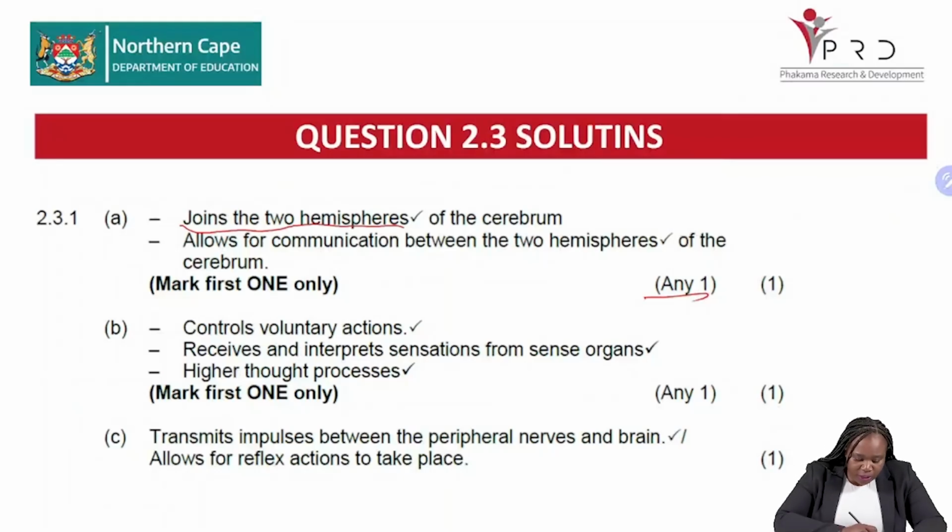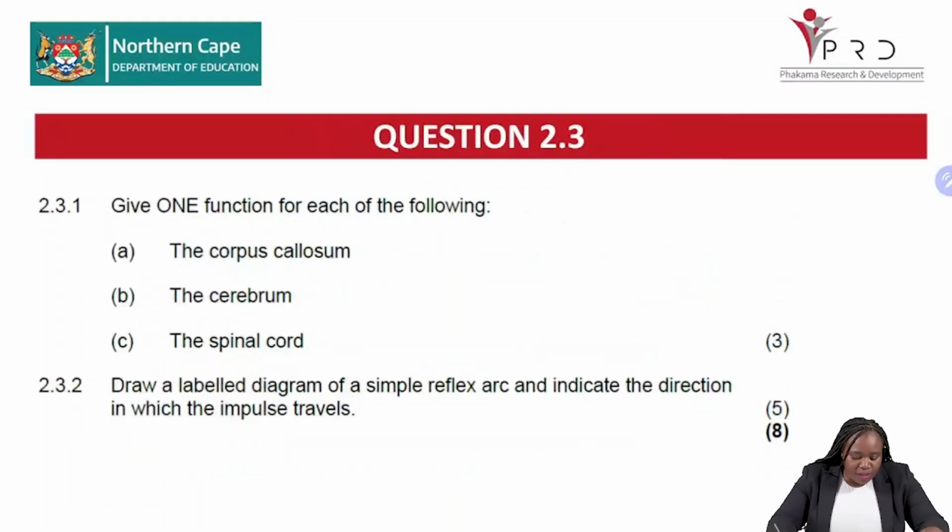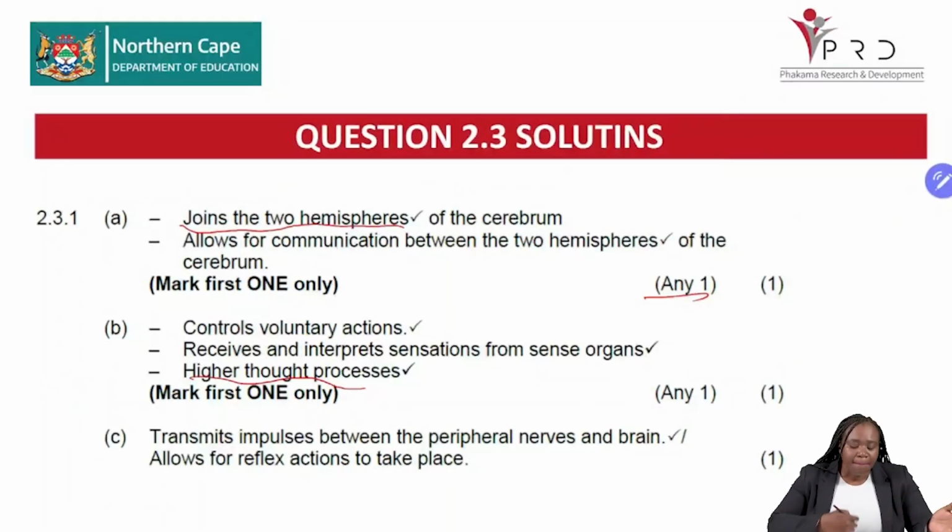So it controls voluntary actions, receives and interprets sensations from sense organs, as well as high thought processes. Again, here one mark, so you can give any of these, not all of them, but only one, right? And then lastly, we have the spinal cord. The spinal cord is responsible for transmitting impulses between the peripheral nerves and the brain, or between the brain and the effectors, right?